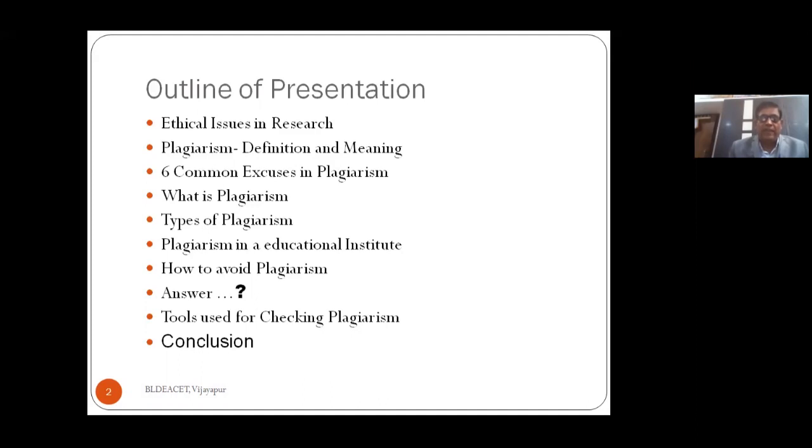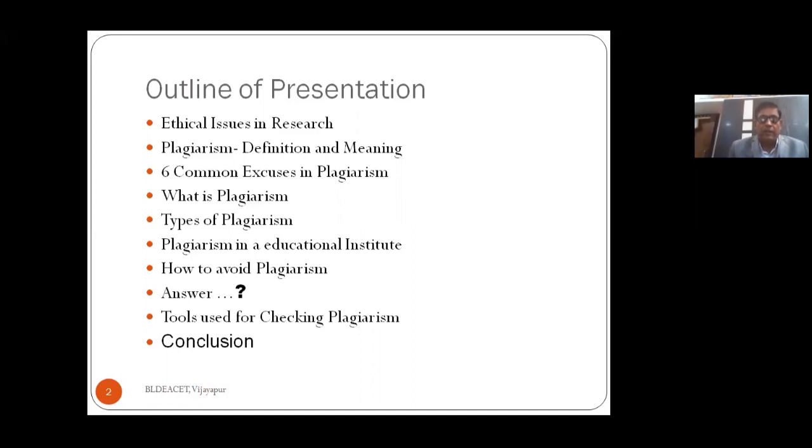And what is plagiarism, and types of plagiarism. And plagiarism in educational institutes: at what level it is occurring, how it occurs, who is doing it, that also we can discuss. And how to avoid plagiarism. The main thing is, if you understand the plagiarism concept, usually you can avoid plagiarism. And if there are any questions, I can answer.